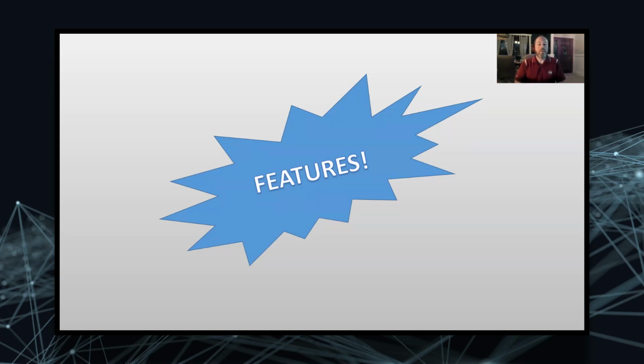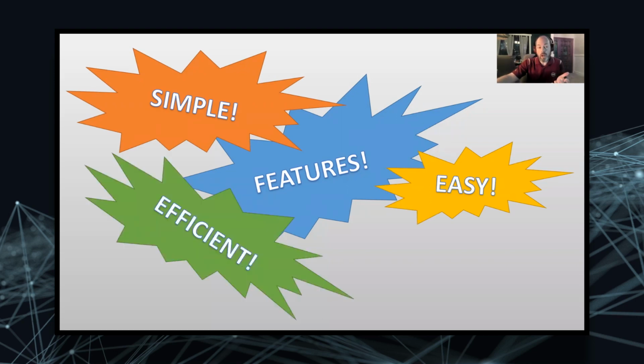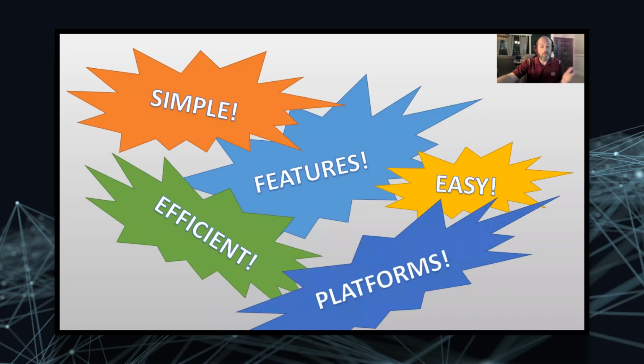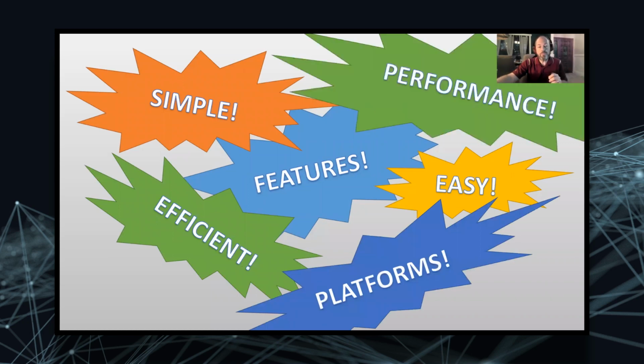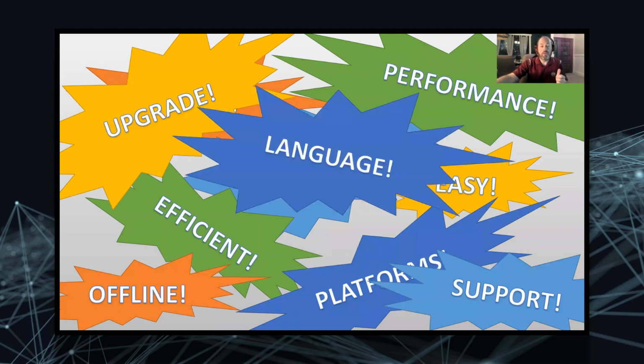Mobile app developers and other software developers generally take great pride in their final products. They often brag about the features of their product. They might talk about its simplicity and its ease of use, or how it was designed with the end user in mind. Or they might brag about how efficient it is, or all the different platforms that the app runs on, or how well it performs, or how their app works even when offline, or how supportable or upgradable it is.